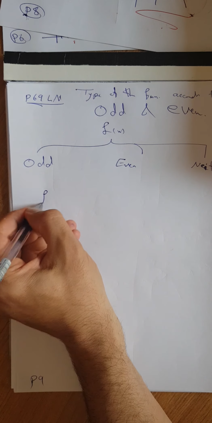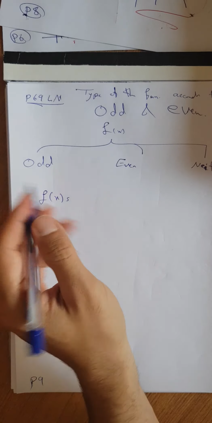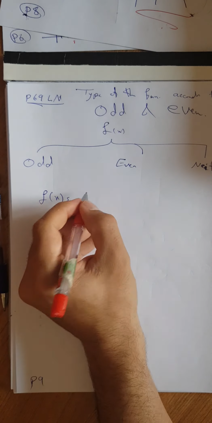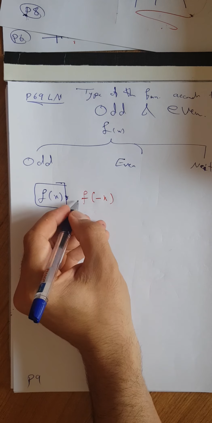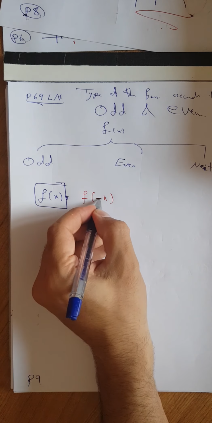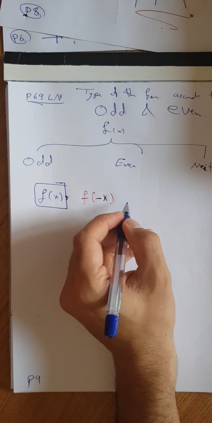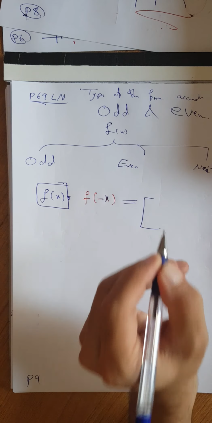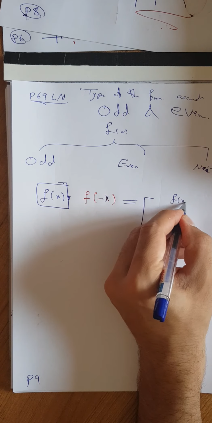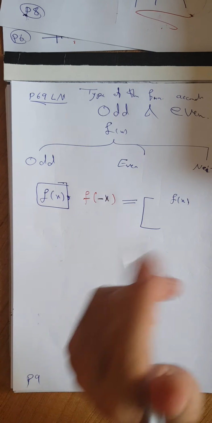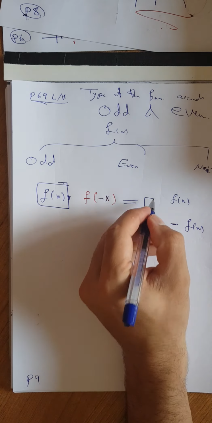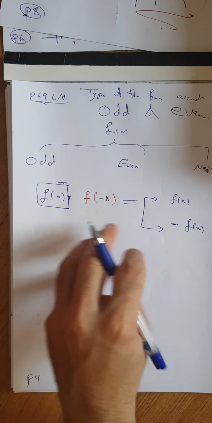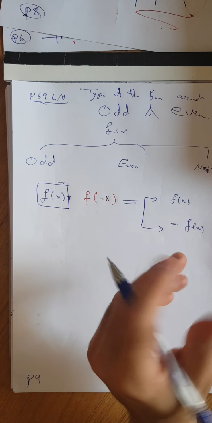Now for being an odd function, we say if f of x, we give minus to the inside. I have the original f of x. If I put minus in front of each x and the result is equal to the same function that we have, or maybe equal to minus f of x, meaning that we can factor minus 1 out, or maybe neither.